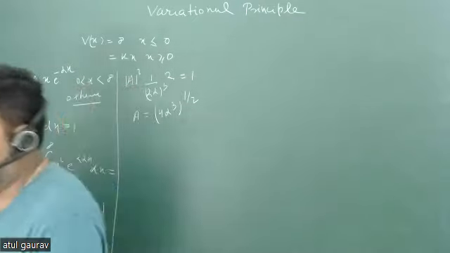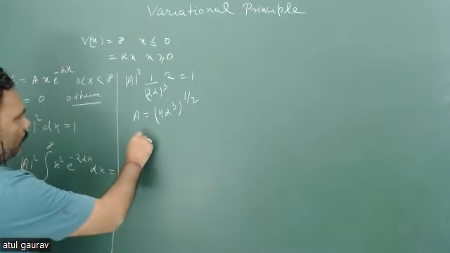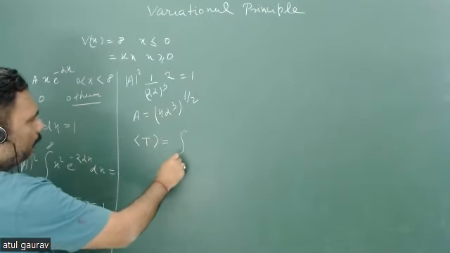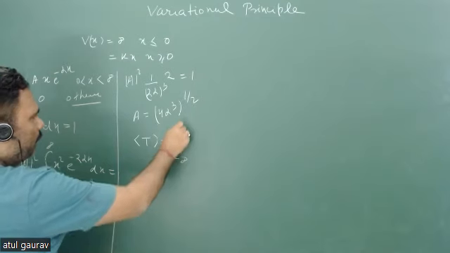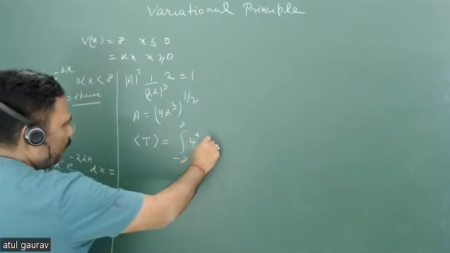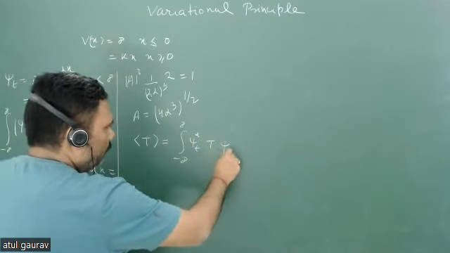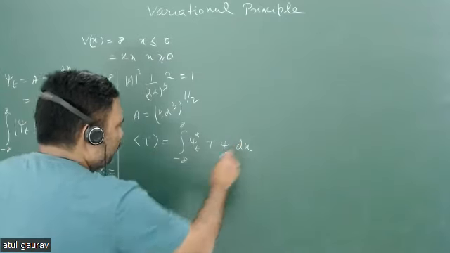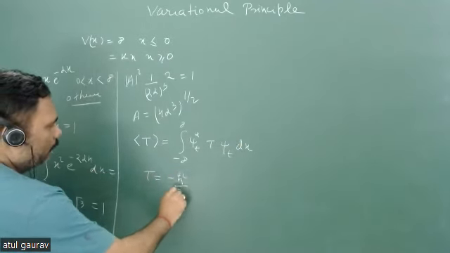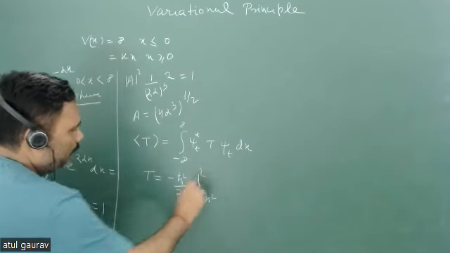Now we have to calculate the value of the kinetic energy. So when we calculate it, we go from minus infinity to plus infinity, psi_t star, the kinetic energy operator, and psi_t, dx. And my kinetic energy operator is minus h-bar squared upon 2m times d^2/dx^2.